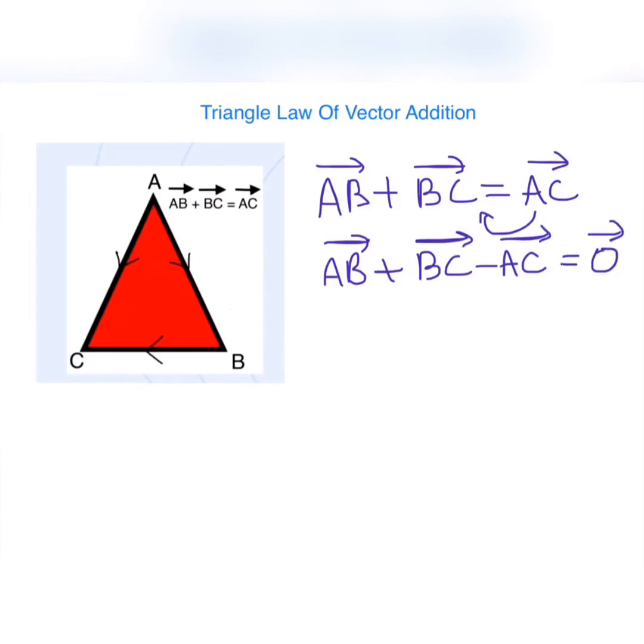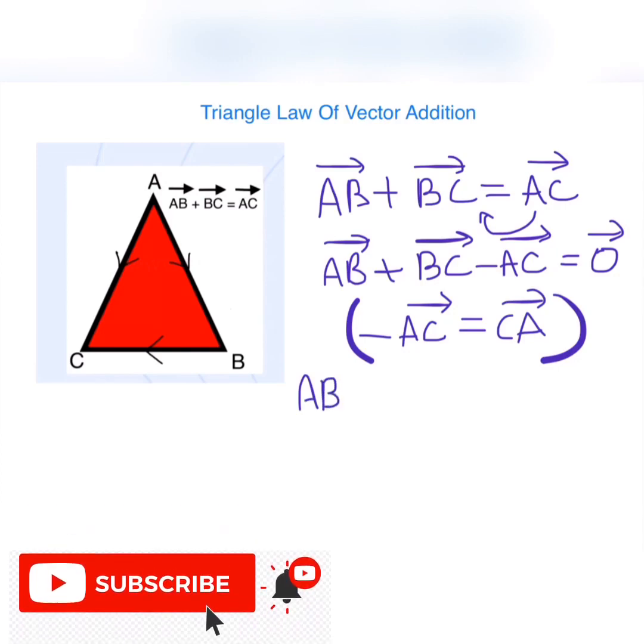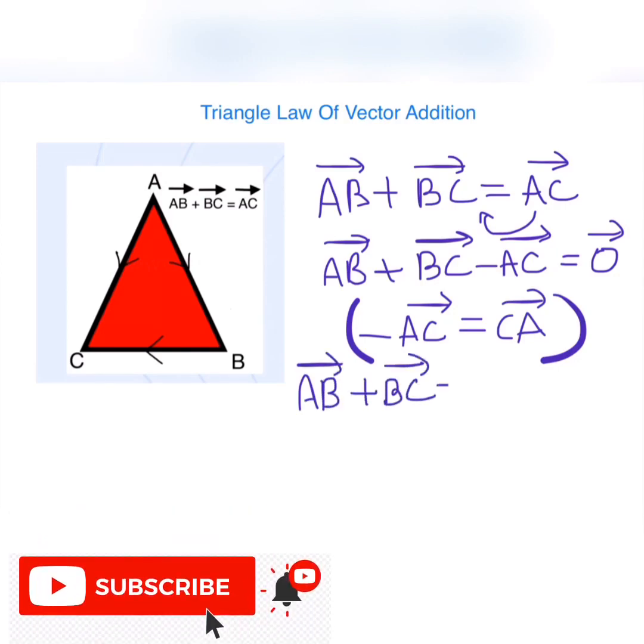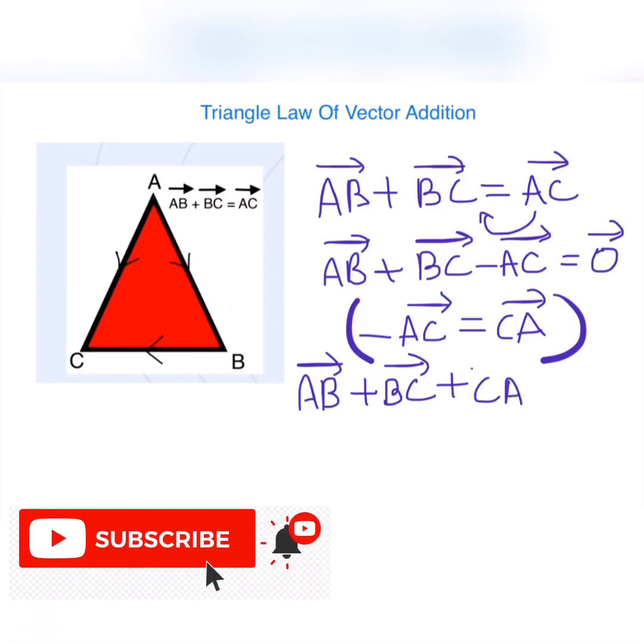We know minus vector AC is the same as vector CA. So writing vector CA in place of minus vector AC, we get vector AB plus vector BC plus vector CA is equal to 0.